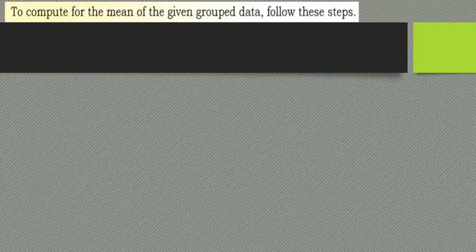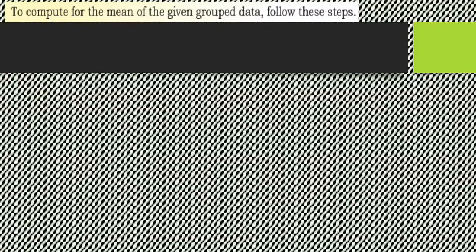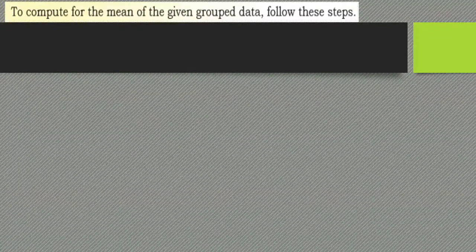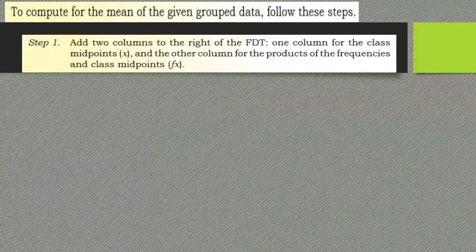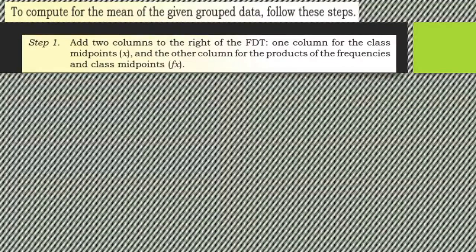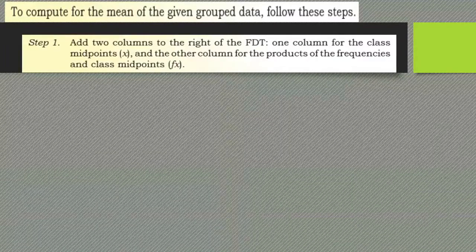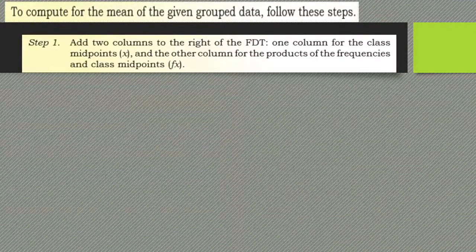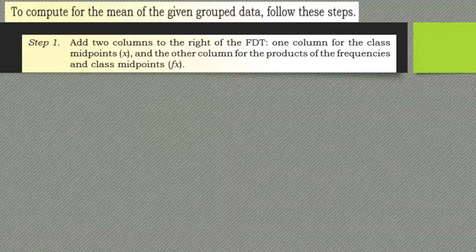Now, before having the examples, let's have the steps first. To compute for the mean of a given group data, follow these steps. Number 1, add 2 columns to the right of the frequency distribution table. In our example later on, you are given a table that contains the classes and the frequencies.